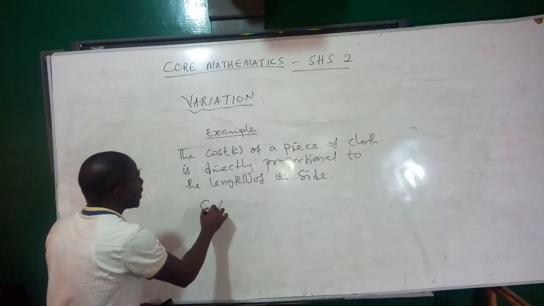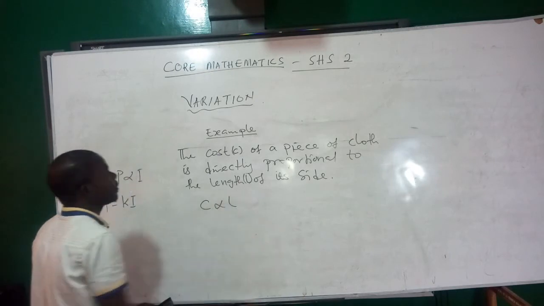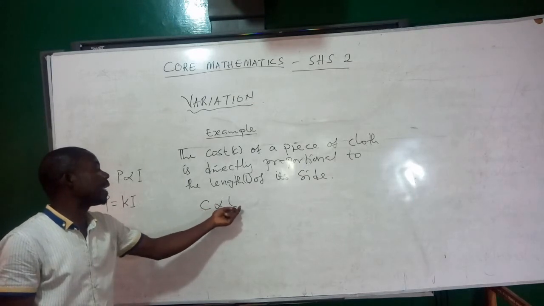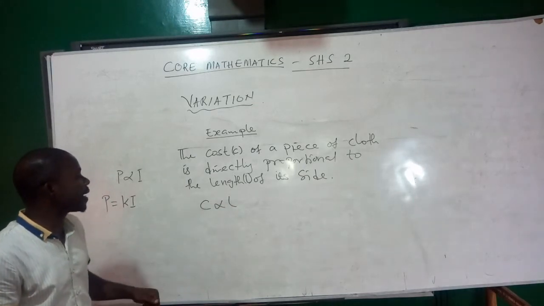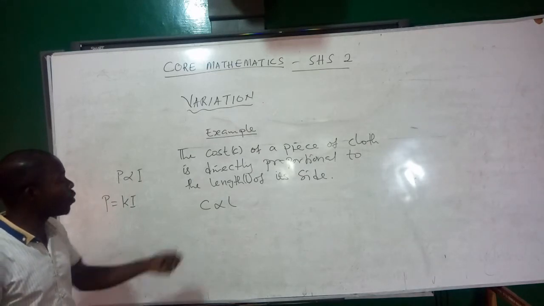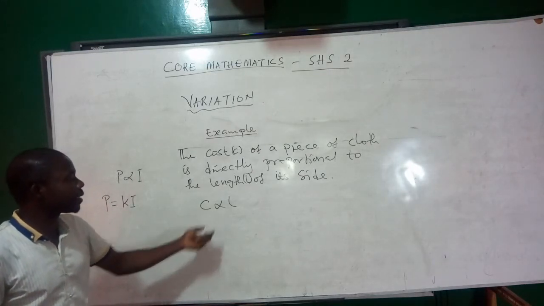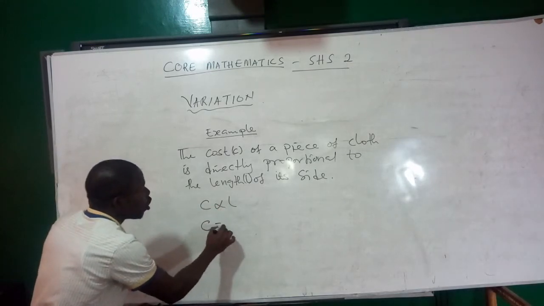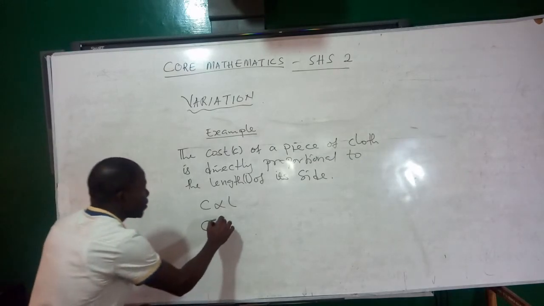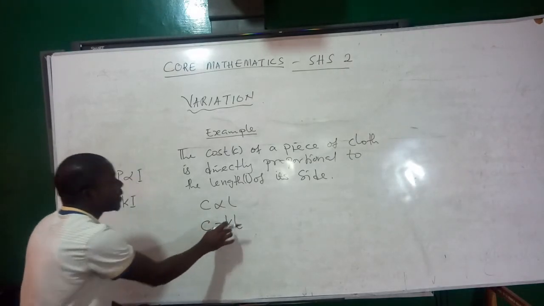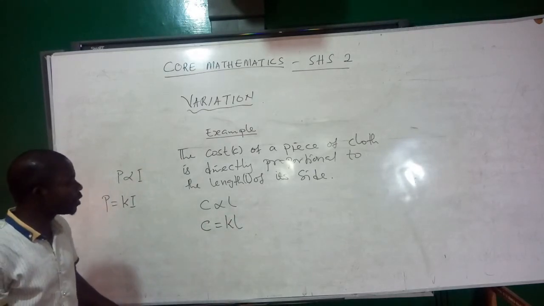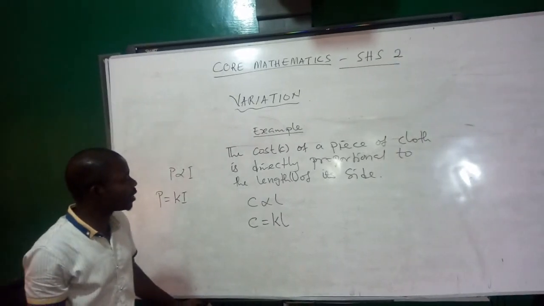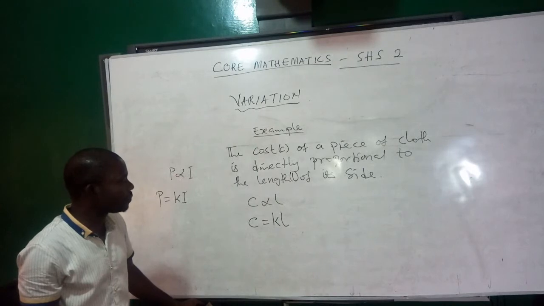We have C is proportional to L. Now if we decide to solve for the cost or the length, because of this symbol we can't, and as we've stated earlier, we know variation has a variation constant. So we have to introduce the constant. So we write this as C is equal to KL, where K is the constant of variation, or the constant of proportionality. Take note of that.